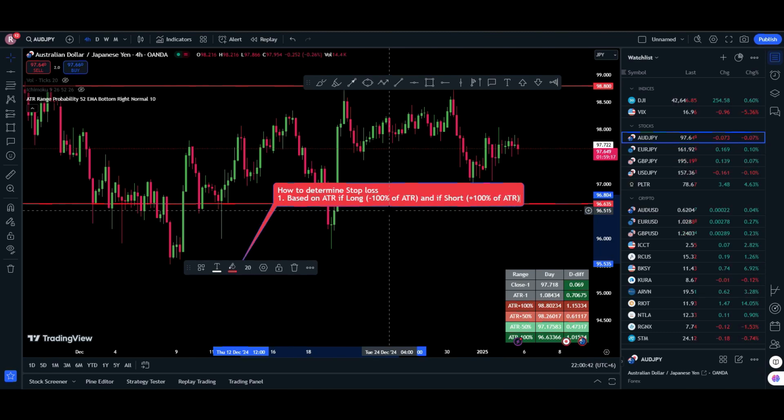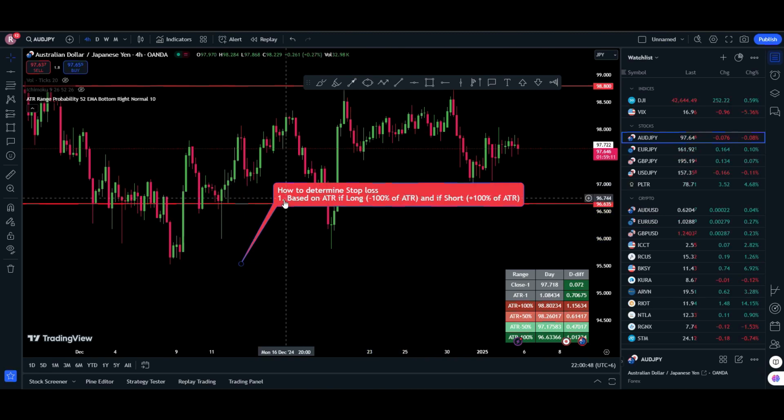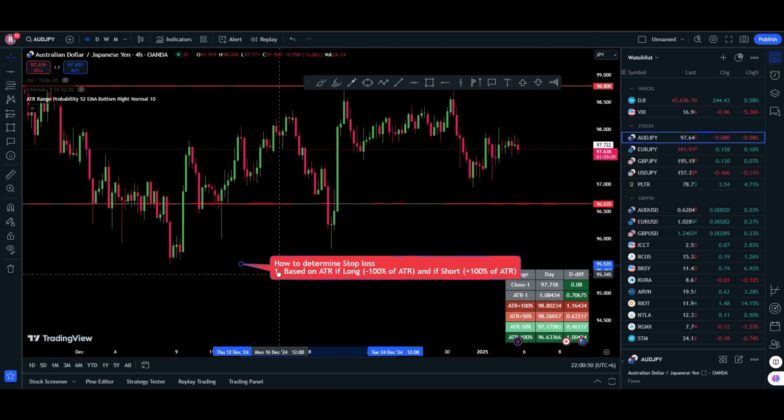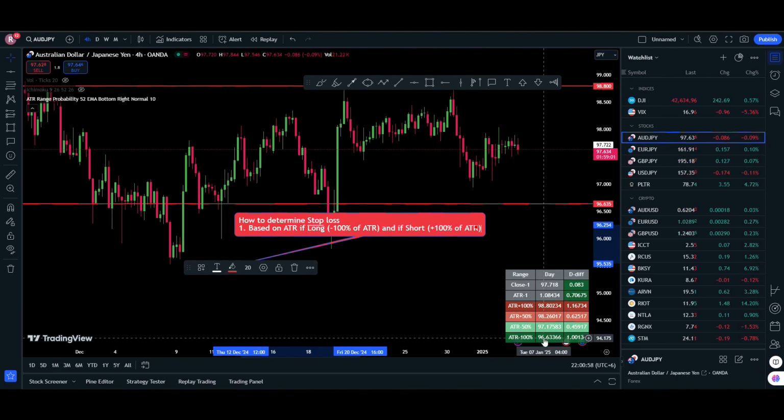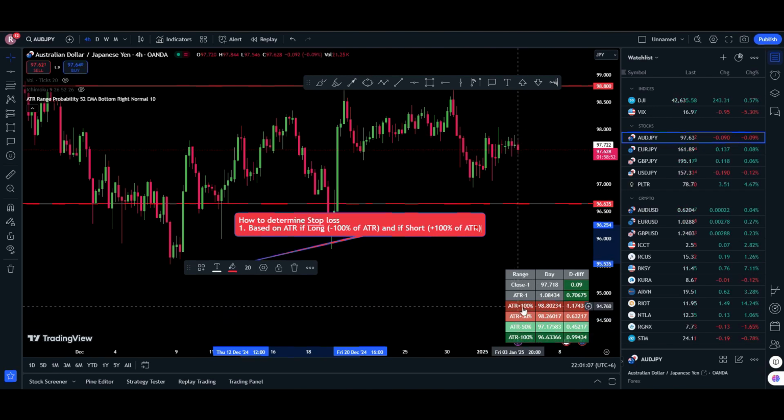So in this example, we have found it very clearly. What have we found? Going long, the stop loss should be 96.63, and here you can see 96.63, negative 100%, and for short we should put our ATR positive, that is 98.80.